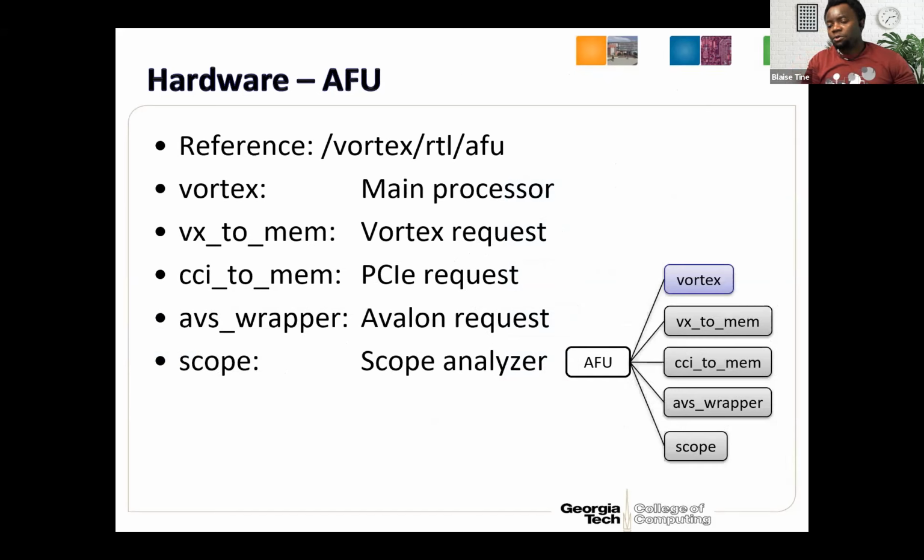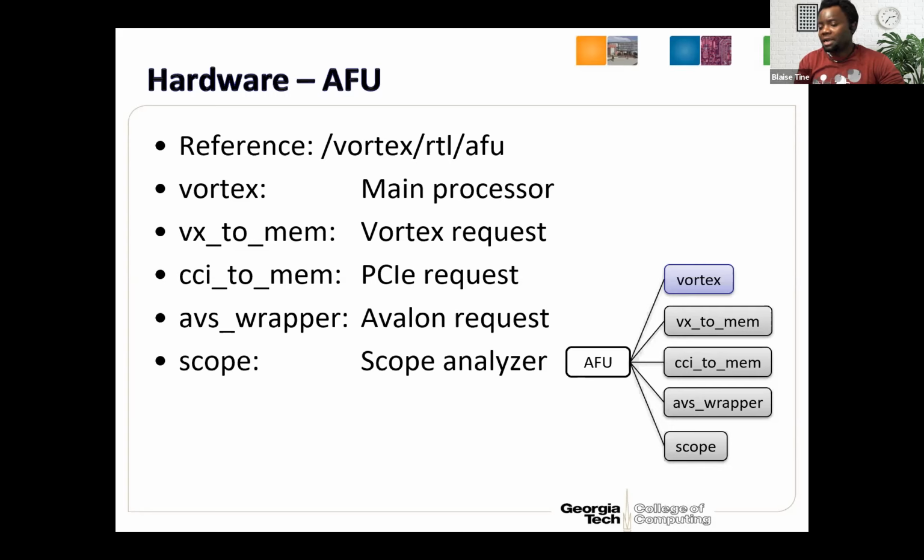The command processor is the part of the hardware that enables the communication between the CPU and the actual processor. These are some of the components that are part of the command processor. The AVS wrapper is the component that converts the memory request coming from the processor into the Avalon interface, which is the Altera memory interface.